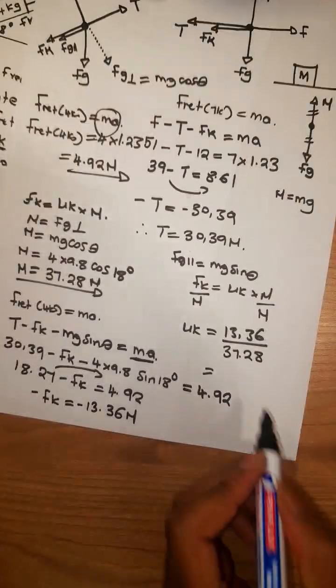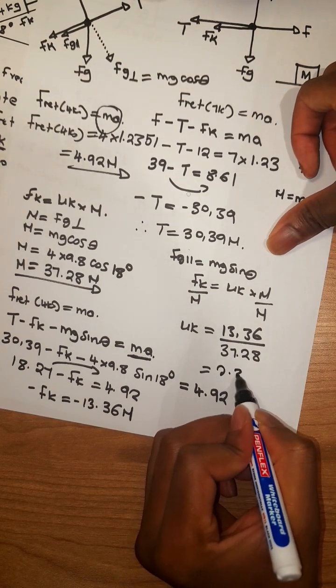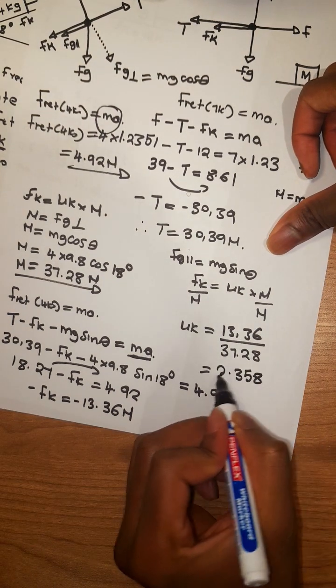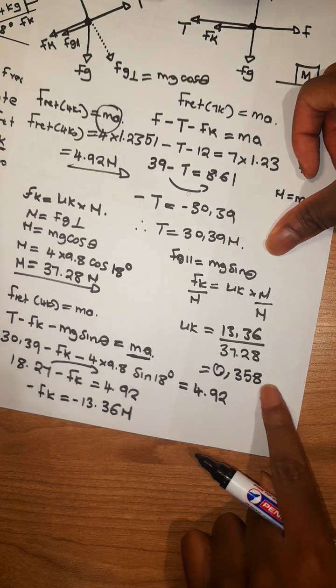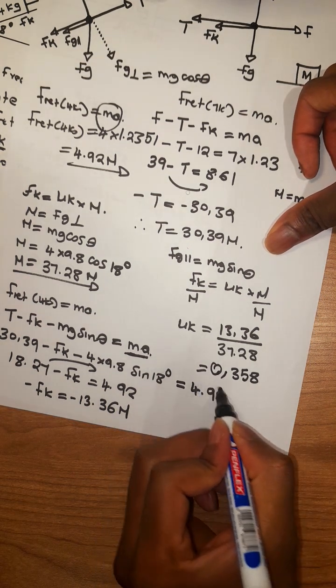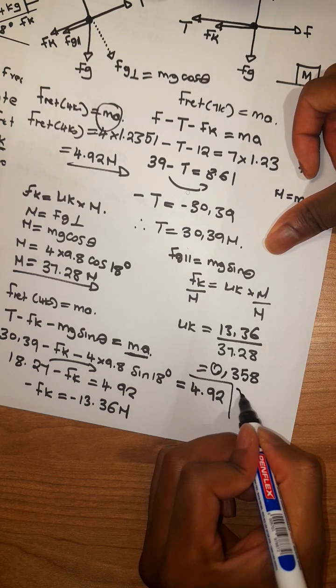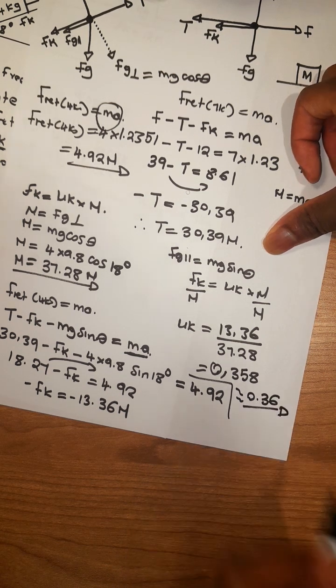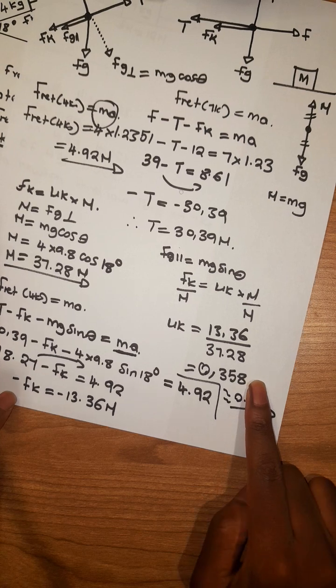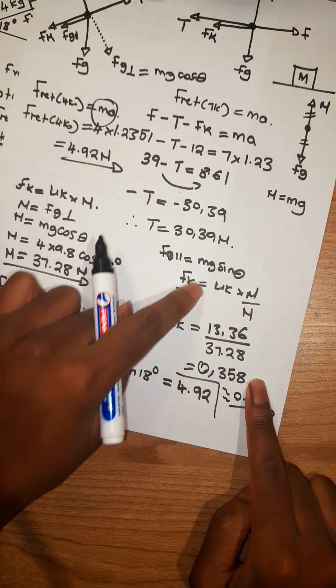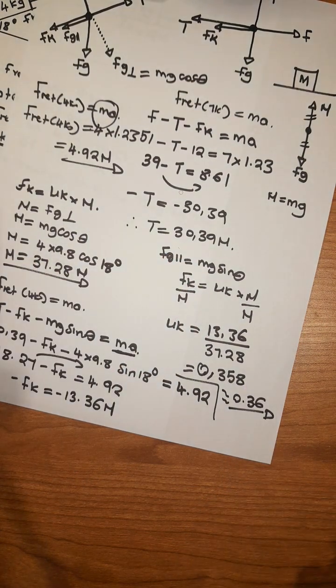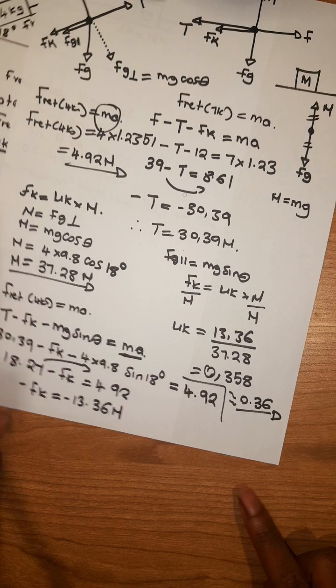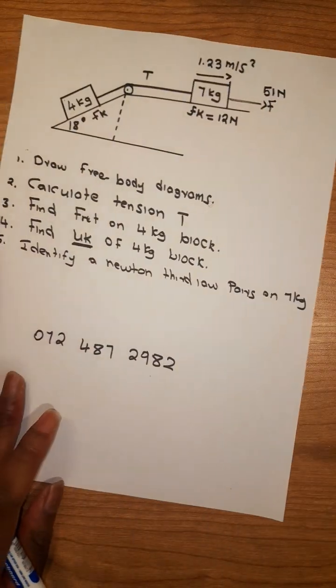The value that I find is 0.358. You can round it off and say it is similar to 0.36 if you want. It doesn't have SI units, because when you divide, the newtons cancel out. So this is how you deal with this question.